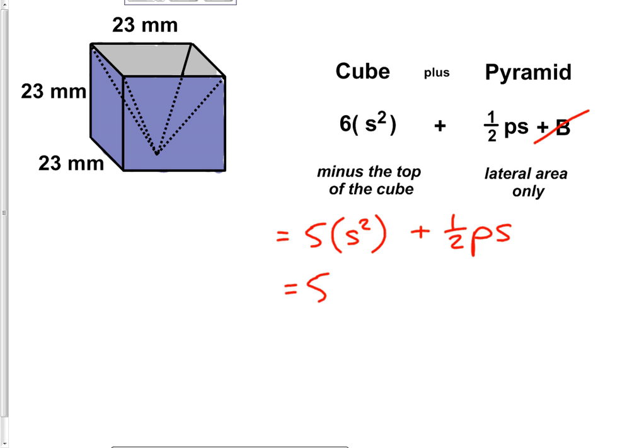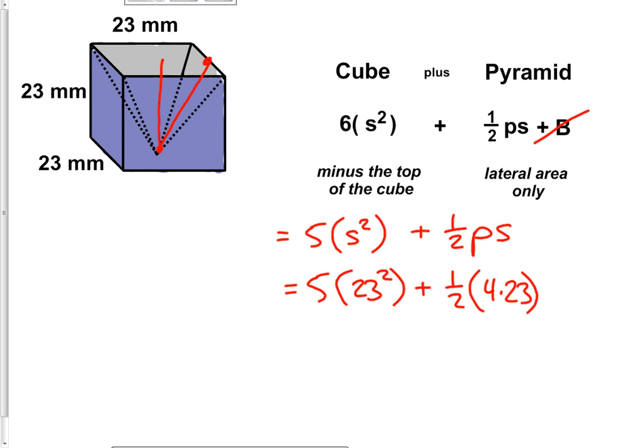Okay, so let's see what we've got here. S in the case of the cube is the side measurement, so that is 23, which needs to be squared. And then we have 1/2 times the perimeter of the base. Well, that's easy enough. We have 4 sides that are 23 units each. And then S in this case is the slant height, which would be that guy inside of there.